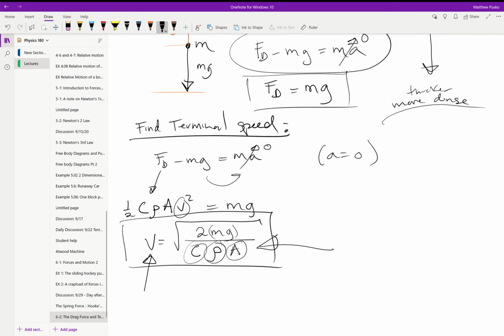And check this out. We've noticed so far that as things fall in a vacuum, mass didn't matter. And we'll see that more when we do energy methods. The speed right before something hit the ground, v final, was not a function of something's mass at all.